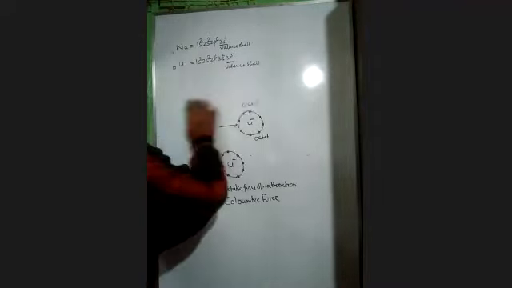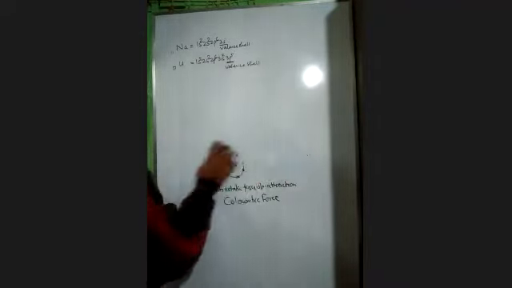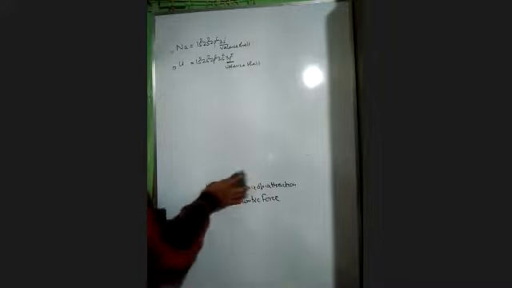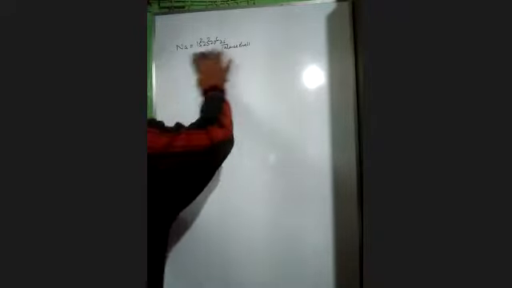So here we have discussed the relationship which is made by the loss and the gain of electrons. When an atom loses electron, it forms cation. When an atom gains electron, it forms anion. And these cations and anions remain side by side through electrostatic forces of attraction.